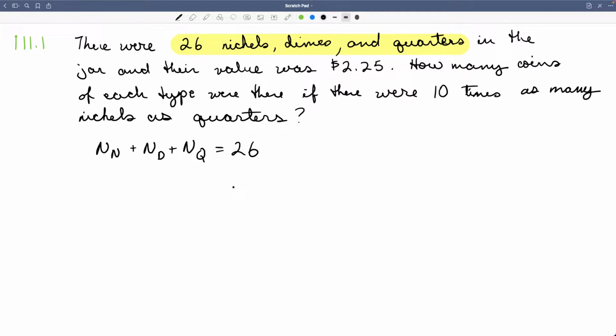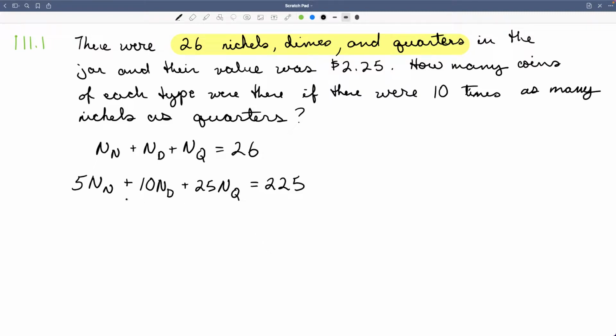So now we can apply a value equation to this. We know that a nickel is worth 5 cents. So 5 times the number of nickels plus 10 times the number of dimes, and 25 times the number of quarters is going to equal, and we always write this in penny format, the number of pennies, 225.